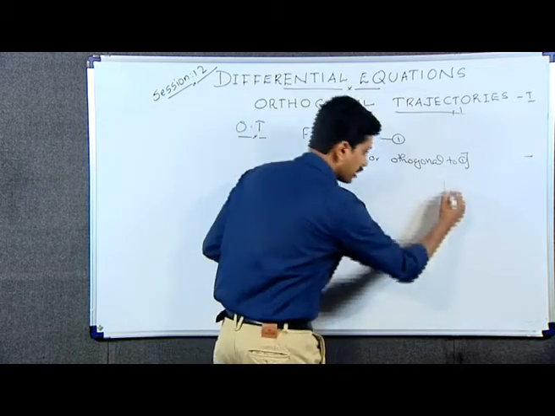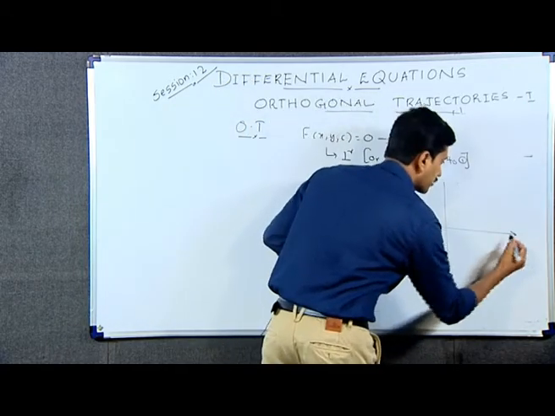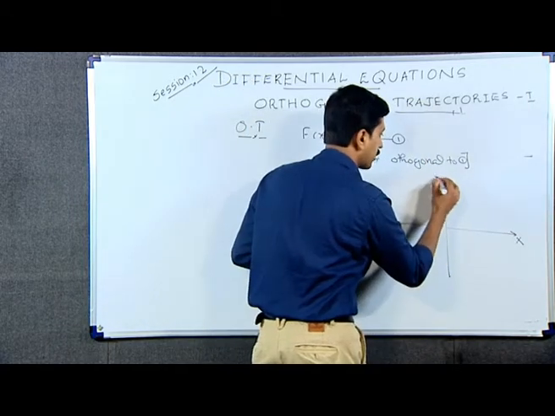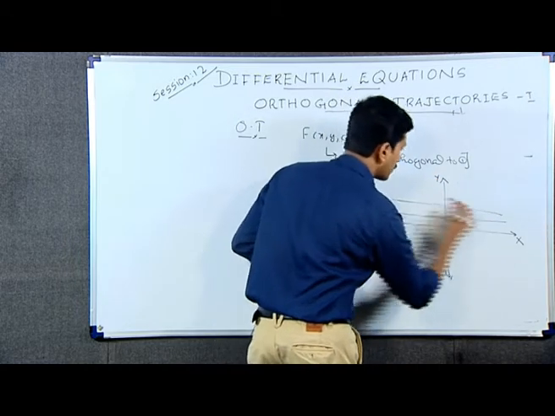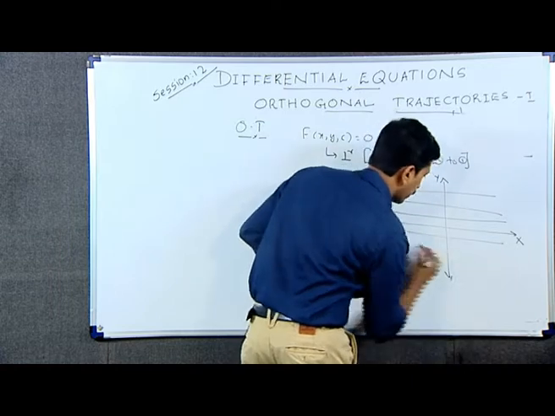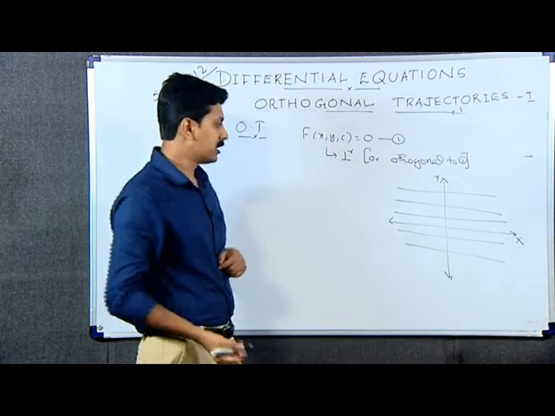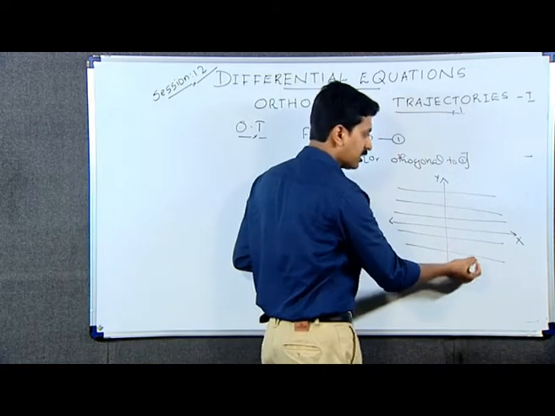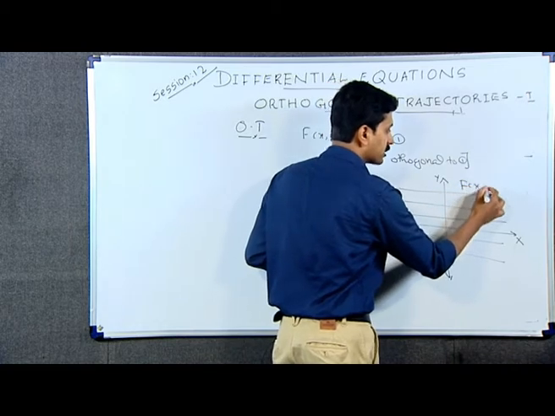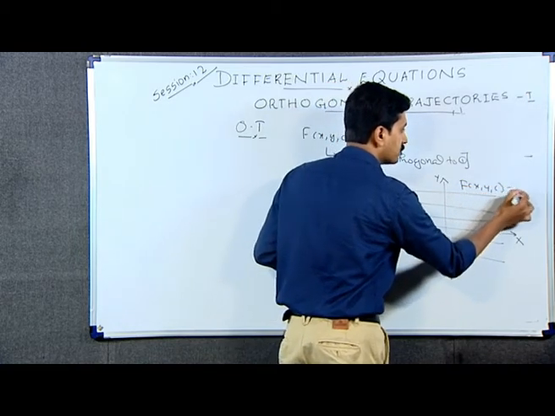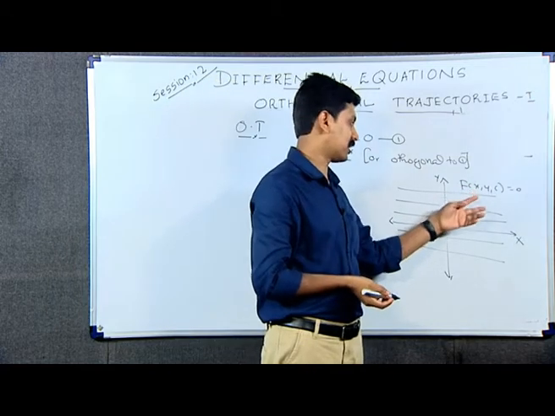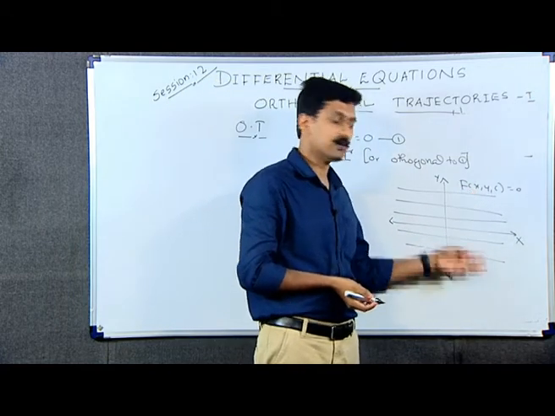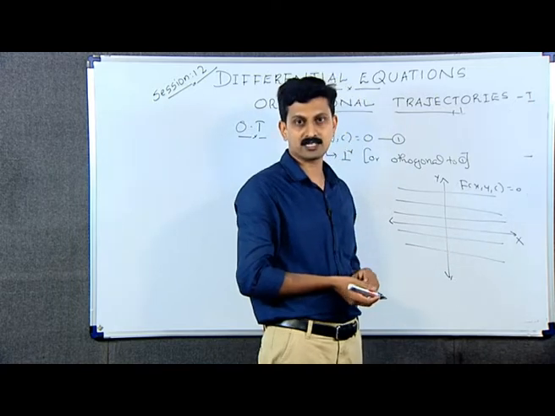See, I am writing like this. I am taking this as the x axis and this as the y axis, and we take a bunch of straight lines, a family of straight lines. I am treating this as f(x, y, c) = 0, the collection of all straight lines parallel to the x axis.